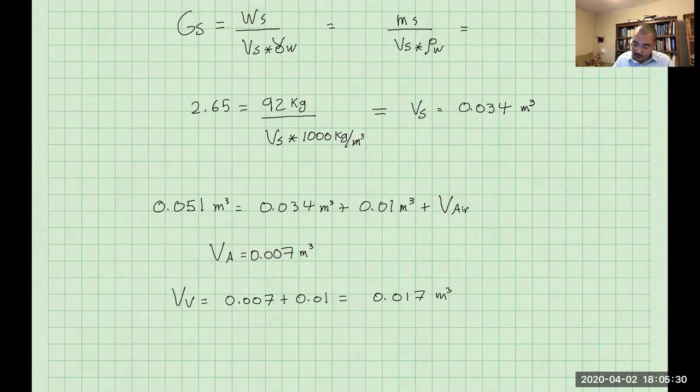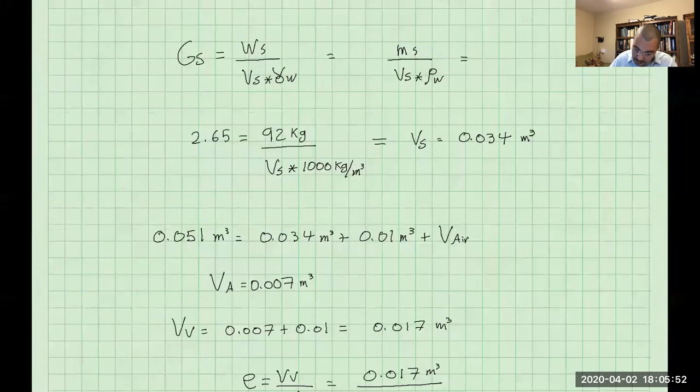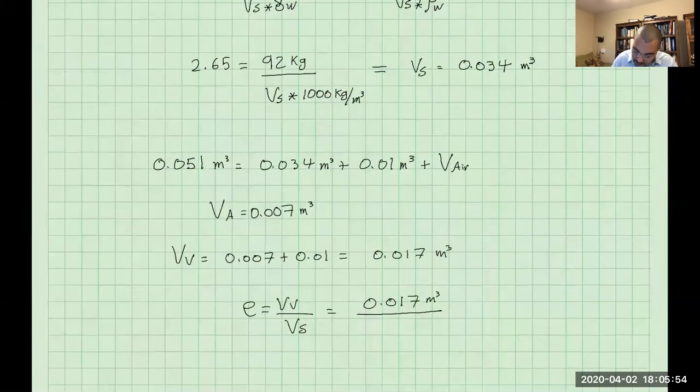And we can simply use the relationship that we have. E is equal to volume of voids divided by volume of solids. So we have 0.017 divided by, what is the volume of solids? It's 0.034.